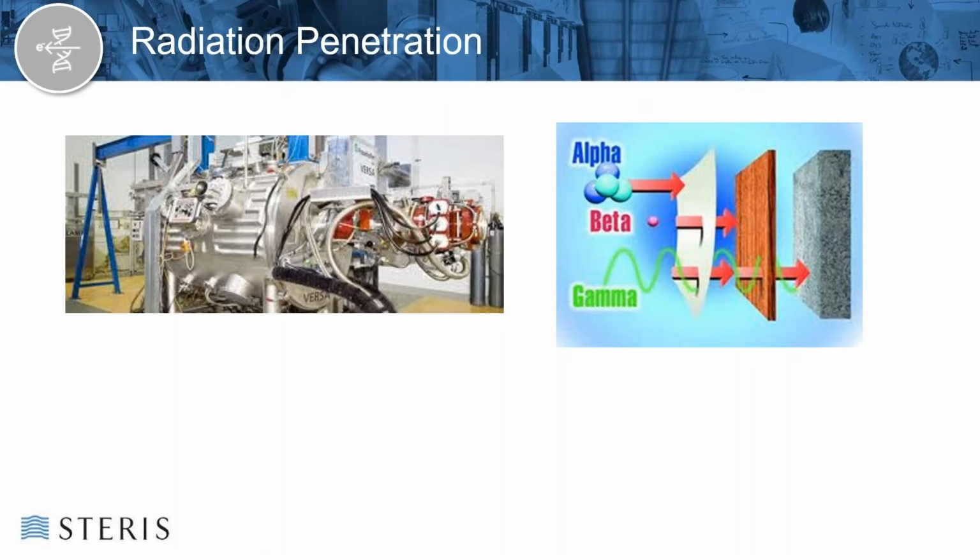So our sources are typically cobalt-60 sources that provide for gamma radiation of products. Because of its nature, gamma radiation is highly penetrating. As you can see, it's stopped by multiple layers of concrete typically.